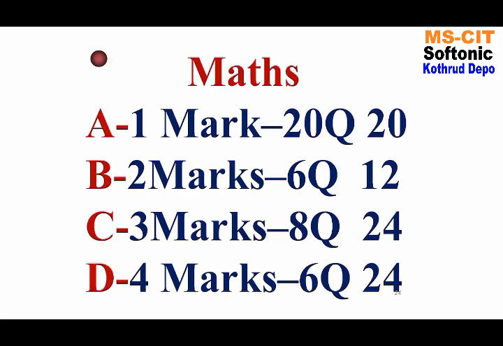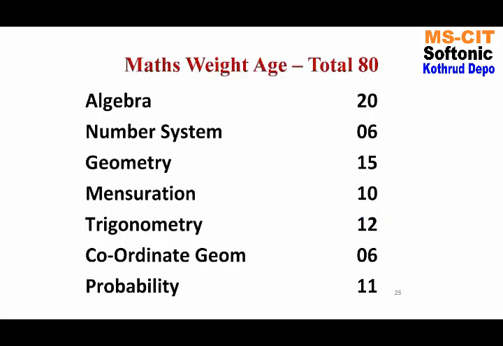So this is the new or revised paper pattern. This is the maths chapter-wise weightage. If you observe, algebra weightage is the maximum, 20 marks. And next to that, geometry, 15 marks.